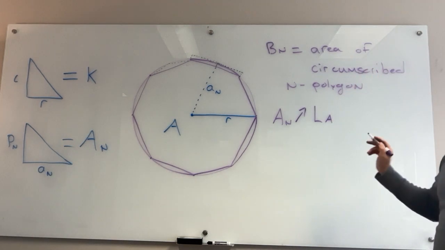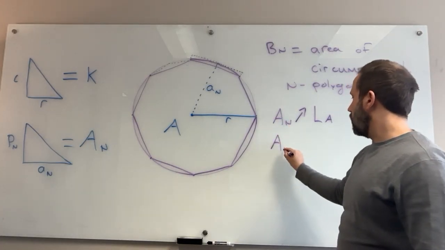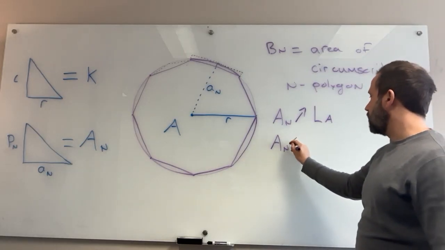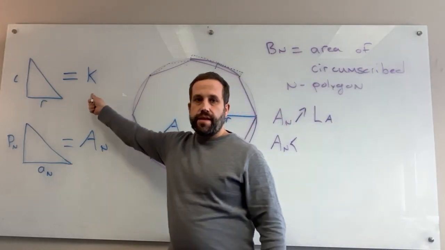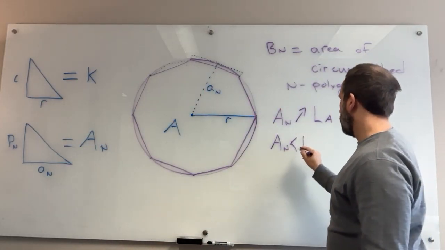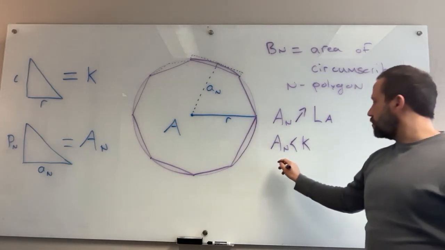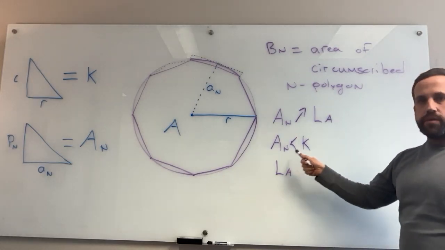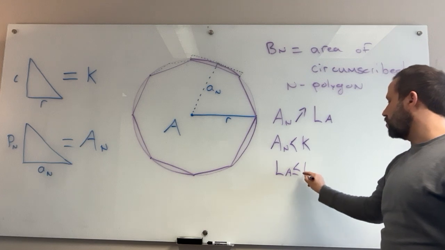Now I also know from the argument that I just gave that A_n is less than this value K. And so this tells me that L sub A, if each term in the sequence is less than K, then its limit also has to be less than or equal to that same value.